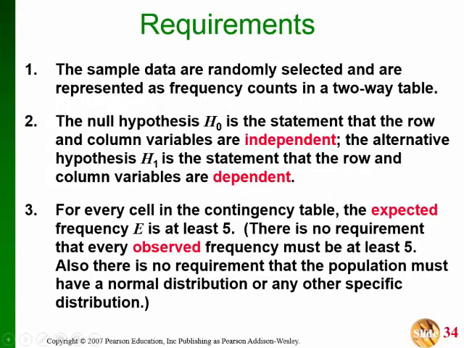So we have a set of requirements for this section. We're going to assume that we have a two-way frequency table. And the null and alternative hypothesis I kind of stated already, so this is pretty much what I was saying in the previous slide. And then here we're also going to redefine the observed and expected frequencies. The observed and expected frequencies for a frequency table is just each of those numbers. And here we're going to have each of those numbers in each of the cells.